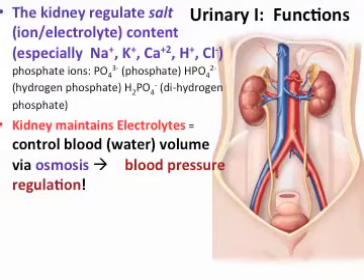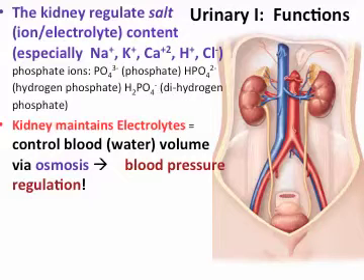Because the kidney maintains electrolyte, aka salt balance, via osmosis, water follows salt. So as the kidney can retain more salt or excrete more salt, it can thus regulate the water balance. For example, if the kidney holds on to salt, keeps salt from leaving via the urine, and keeps it in the blood, then water will follow that salt back into the blood.